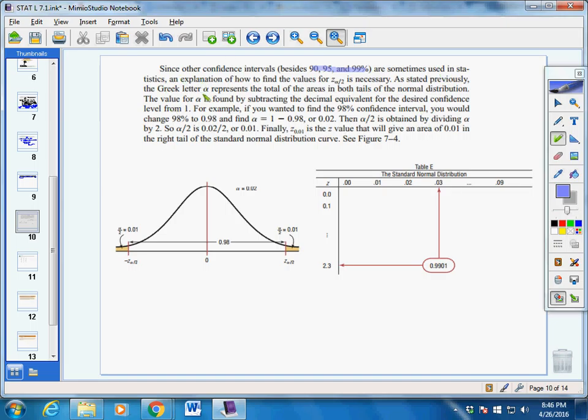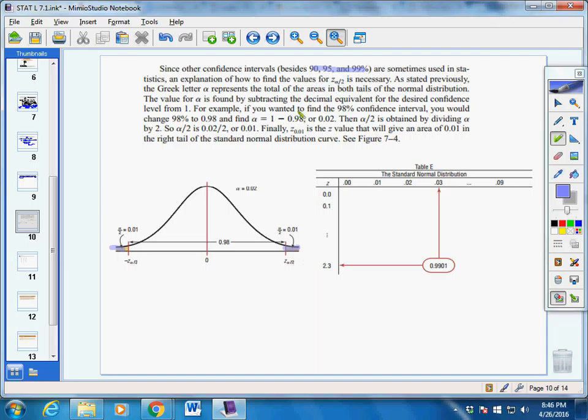The Greek letter alpha represents the total area in both tails. So if we want, in this case, 98%, that means 2%, or 0.02, is made up in the tails. If you divide that by 2, alpha over 2, you get 0.01.